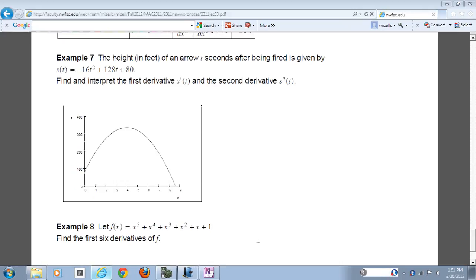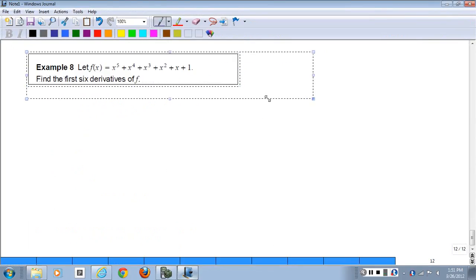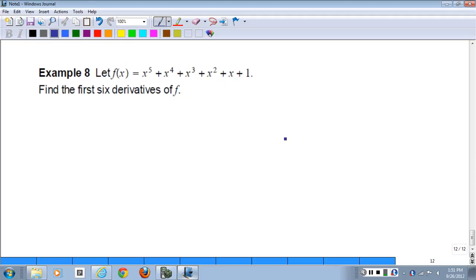Example 8. I mentioned if we take enough derivatives of a polynomial function, we eventually kill it. Basically, it takes n plus 1 derivatives, where n is the degree. So we're going to take 6 derivatives of this 5th degree polynomial function, thereby killing it. F prime of x equals 5x to the 4th plus 4x cubed plus 3x squared plus 2x plus 1.